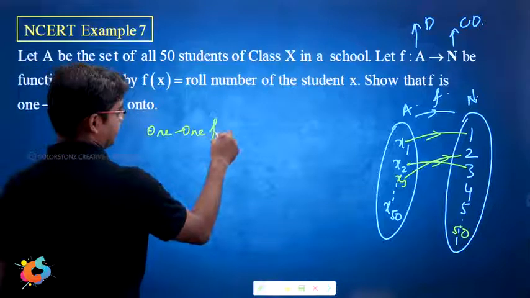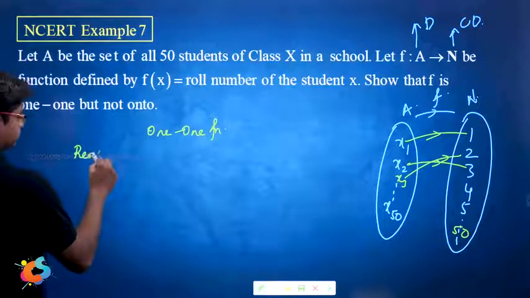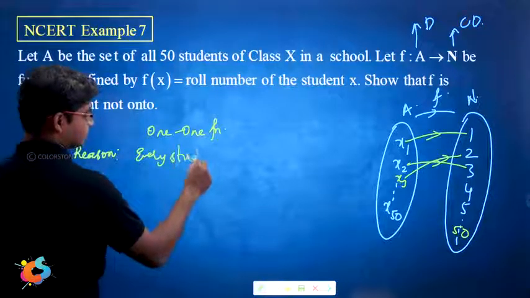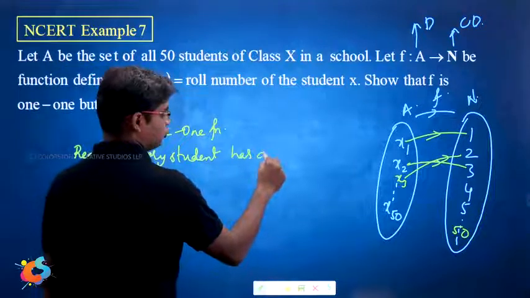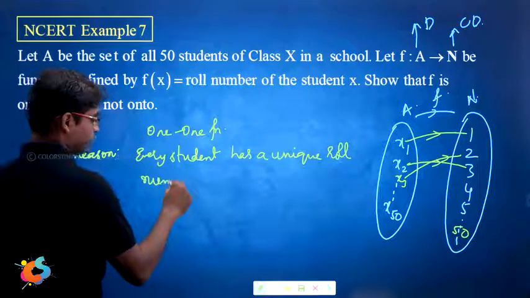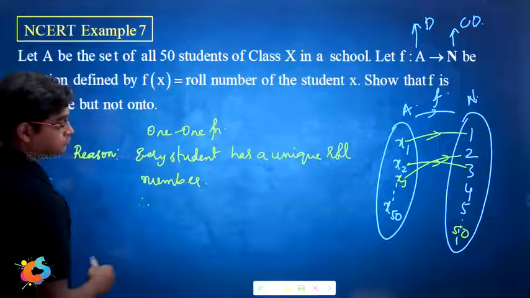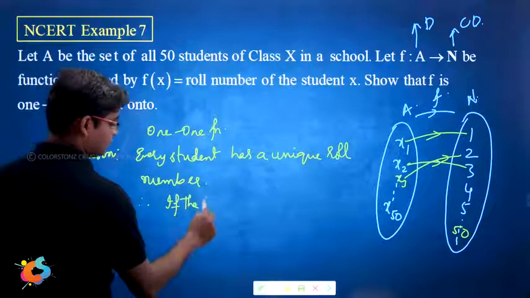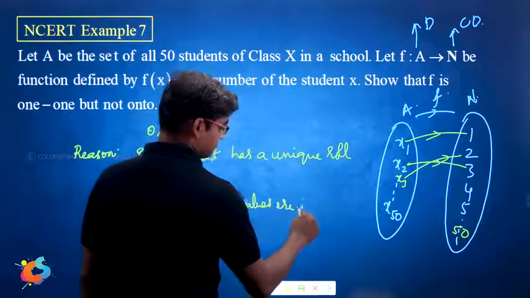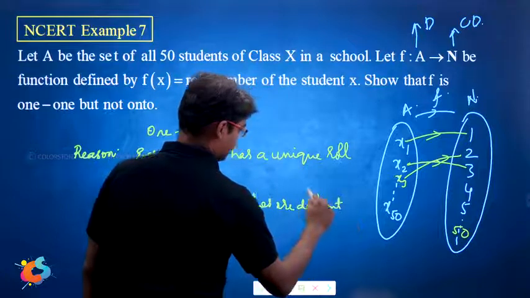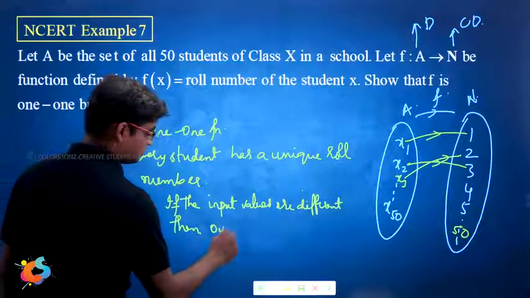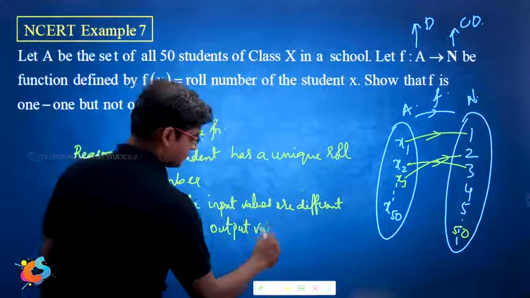Let us write the reason. Reason is every student has a unique roll number. Therefore, if the input values are different, then output values are different.